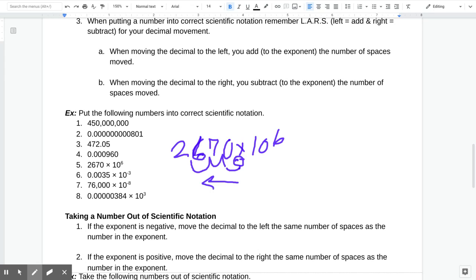That was 3 moves to the left. So it's going to be 10 to the 6th power plus 3. It's going to look like this: 2.670 times 10 to the, not the 6th and not the 3rd, but the 9th, because it's 6 plus 3.